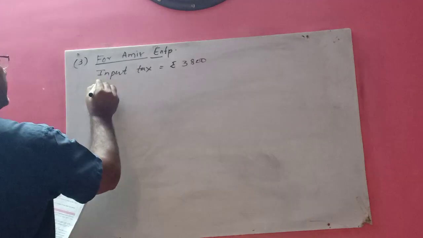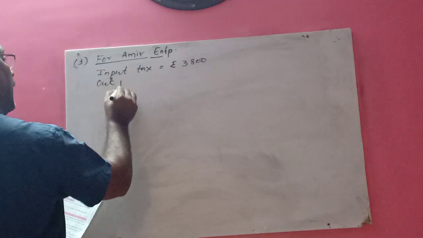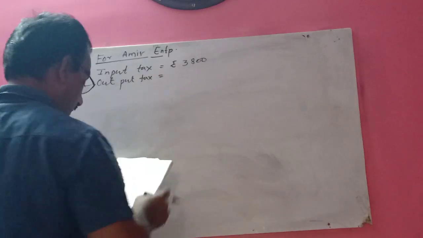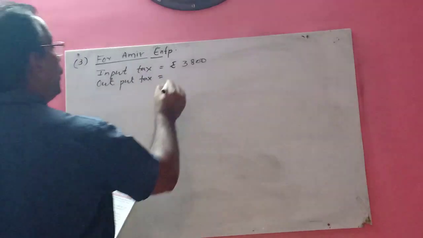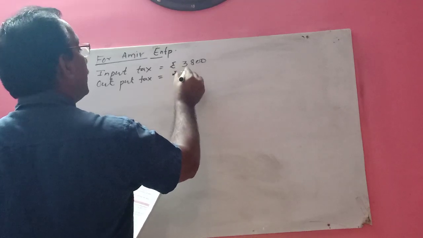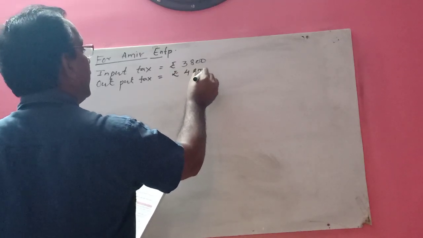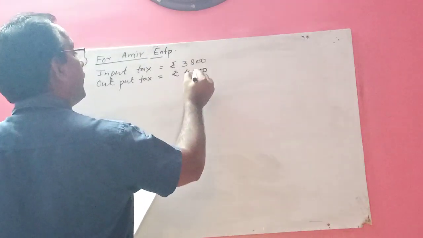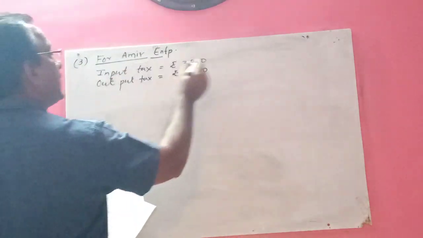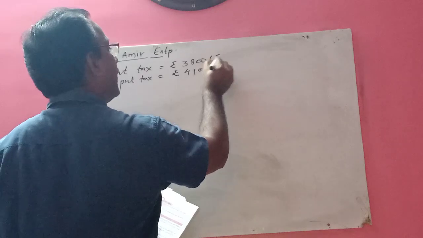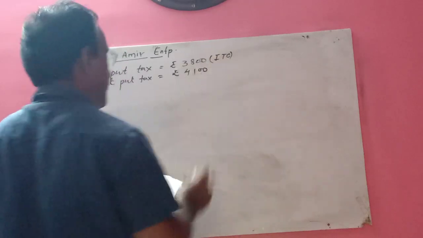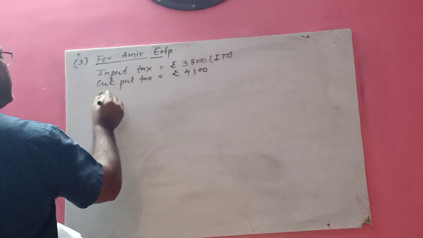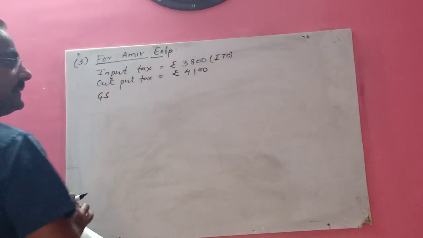And output tax, my dear children, output tax is how much? It is rupees 4,100. And this input tax is also called ITC. So from these two, first you calculate the GST paid by Amir at this stage.